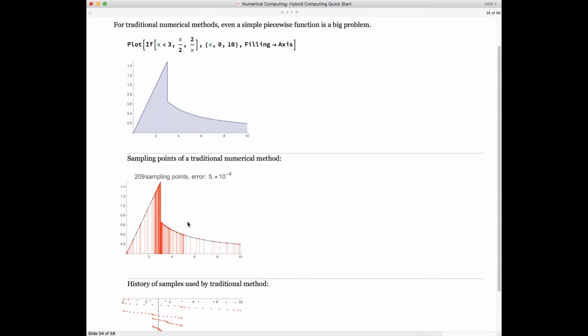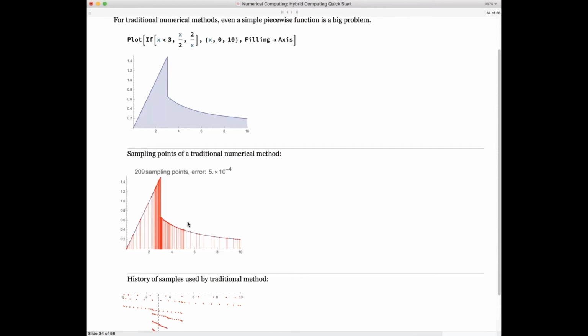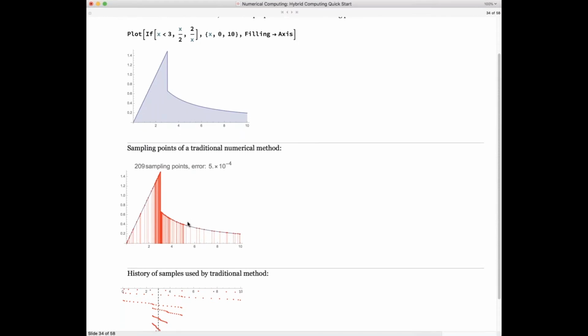In this example, a traditional integration method obtains an error of about 5 by 10 to the power minus 4 after over 200 samplings. And that's a pretty disappointing result for what is in fact a very simple function.